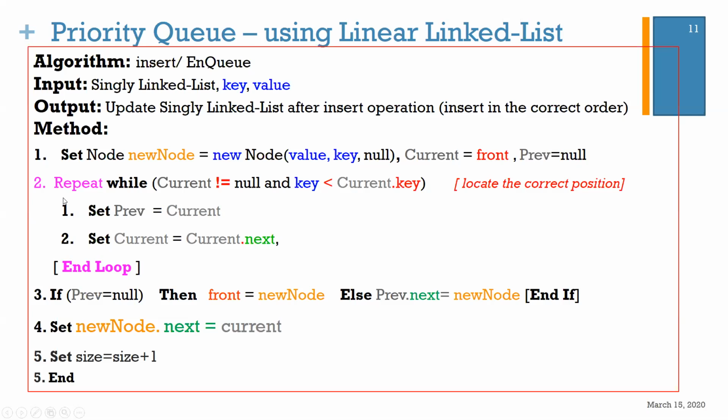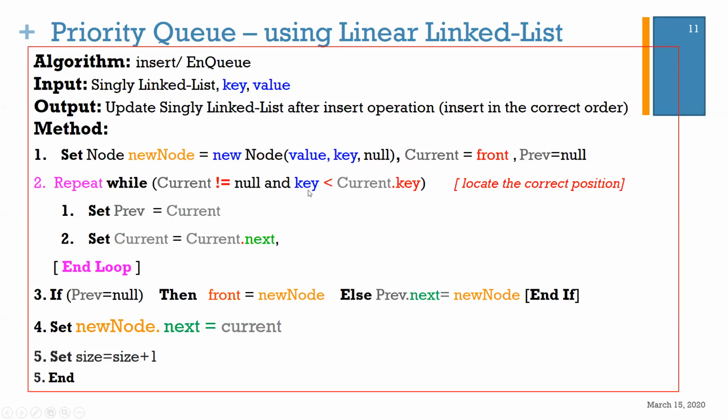Then we repeat to traverse to find the correct order. Check while current is not equal to null and k is less than current.k, to locate the correct position or place, one by one for each repetition.